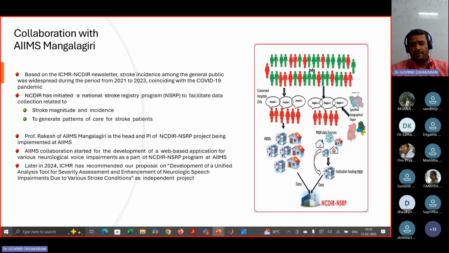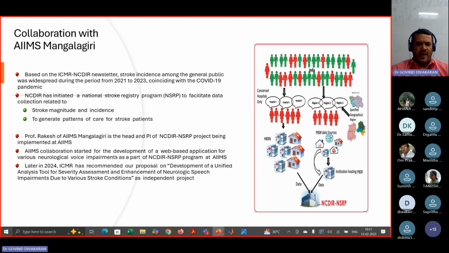it is one of the hospital based stroke centers. After COVID, the stroke incidence among people has increased drastically.